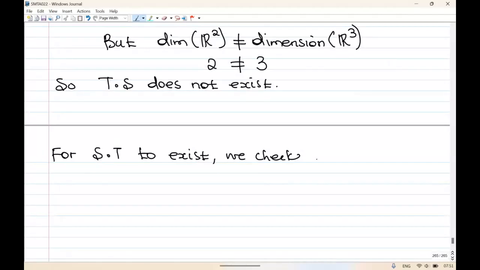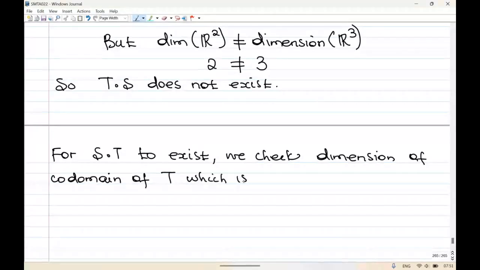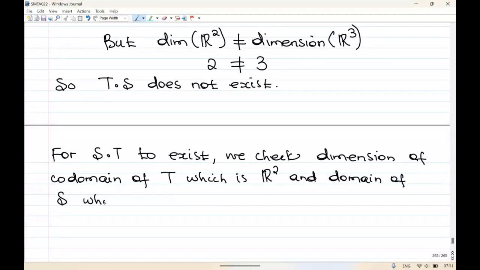We must check the dimension of the codomain of T, which is 2-dimension, and the domain of S. The domain of S is what, colleagues? It's 2. Very good.